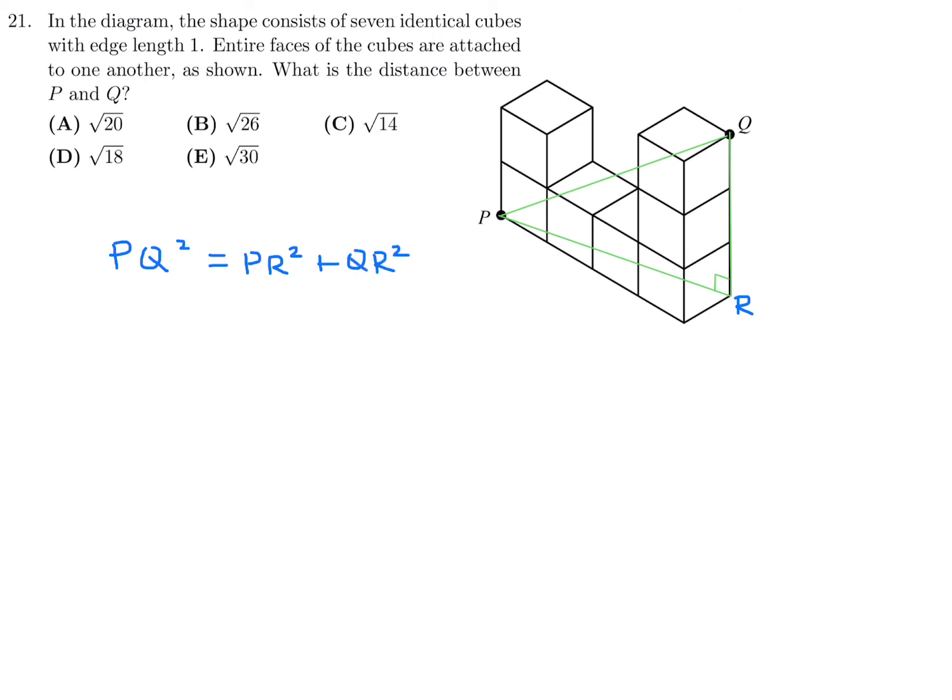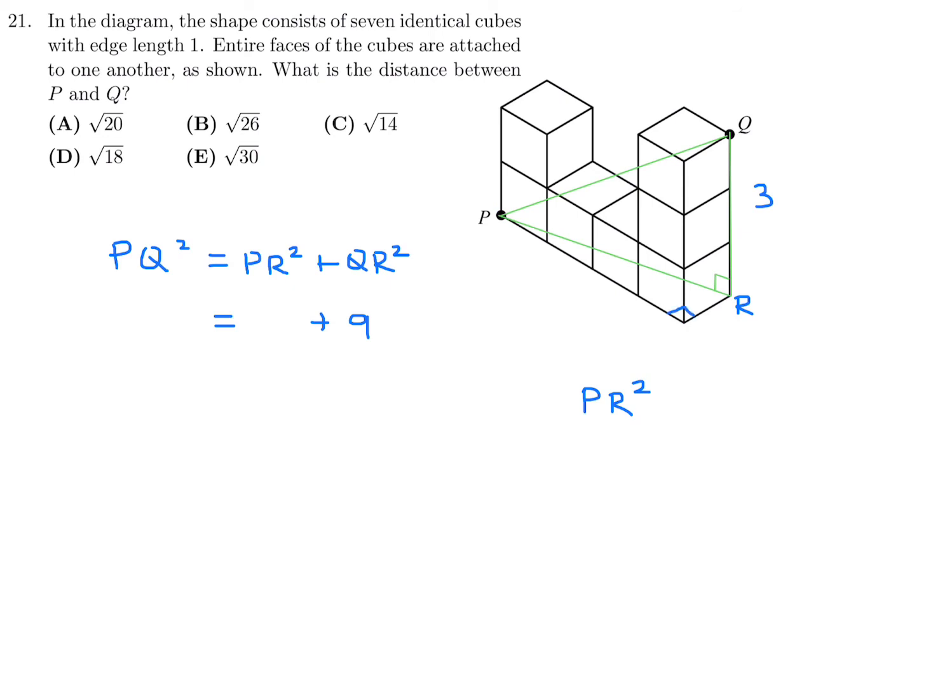And we know that the length is 1 for each of those edges, so QR is going to be 3. So that's pretty straightforward. That's just going to be 9. But PR, that I don't know yet, so I have to figure that out independently. PR squared, I can use this triangle, where this is a right angle right here.